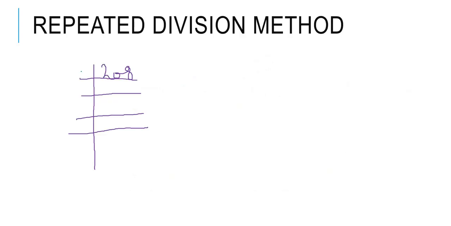So we're going to do it with the repeated division method. As binary's base is 2, we're going to divide repeatedly by 2. So 2 104s are 208, then 2 5s are 10, and 2 2s are 4.